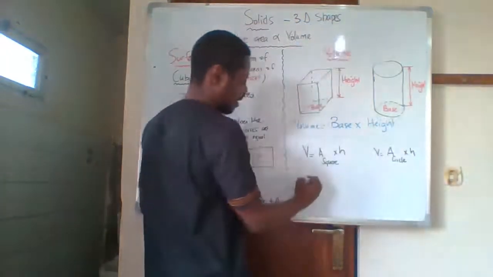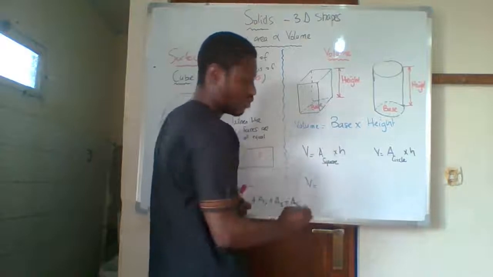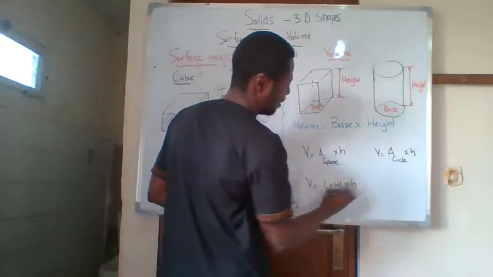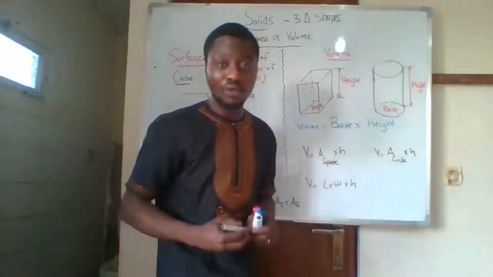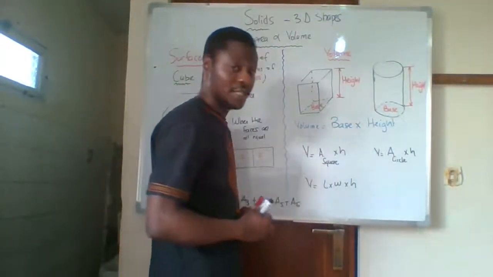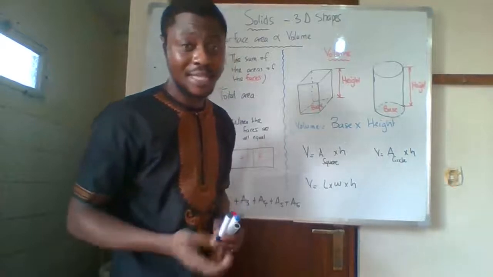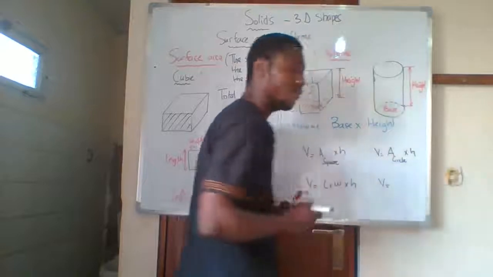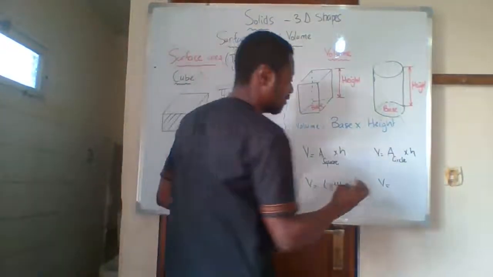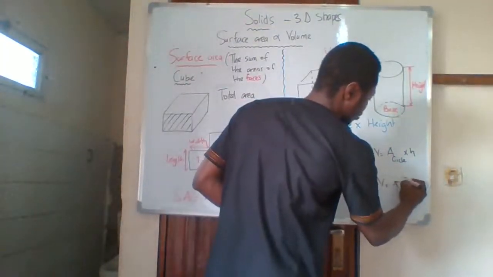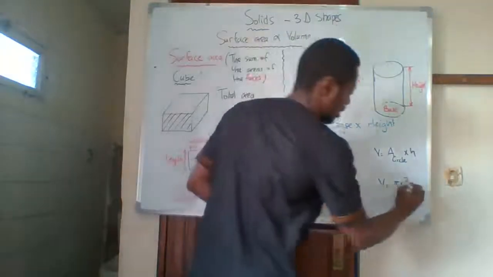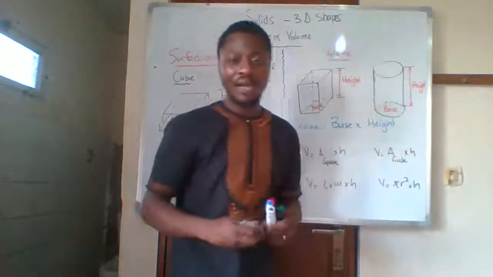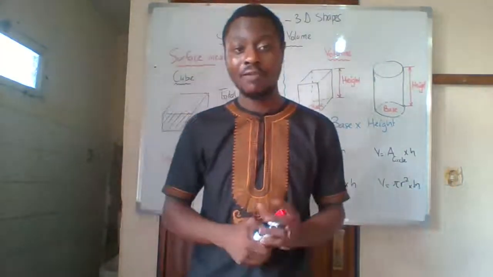For the cuboid, the area of the base is length times width, times height. That's the volume of a cuboid or a cube or a rectangular prism. And here I'm going to write it like this. The area of a circle is given by pi times the square of the radius, and times the height. This is how you find the volume of a cylinder.